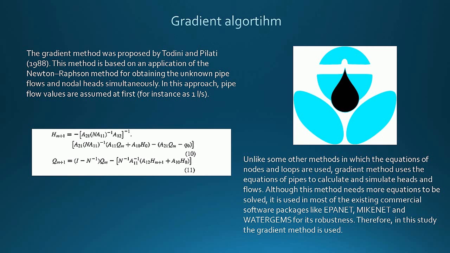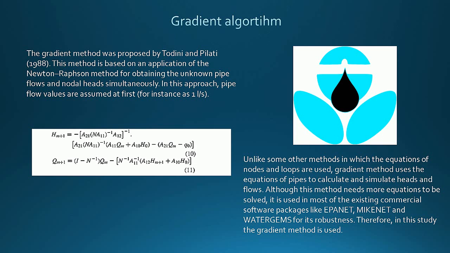We have one equation for the gradient algorithm, in which Q0 is the nodal demand vector, and Qm and Qm+1 are pipe flow vectors for the m-th and (m+1)-th iterations.